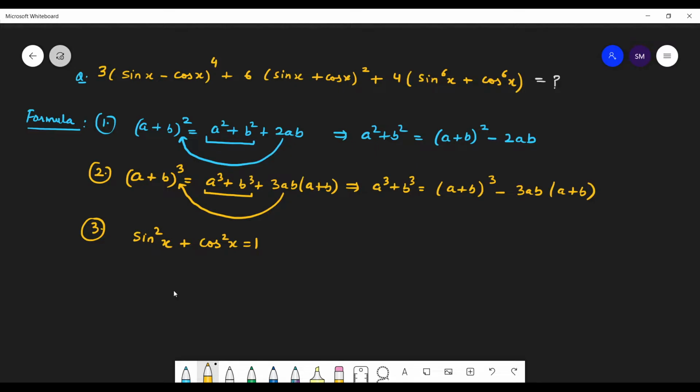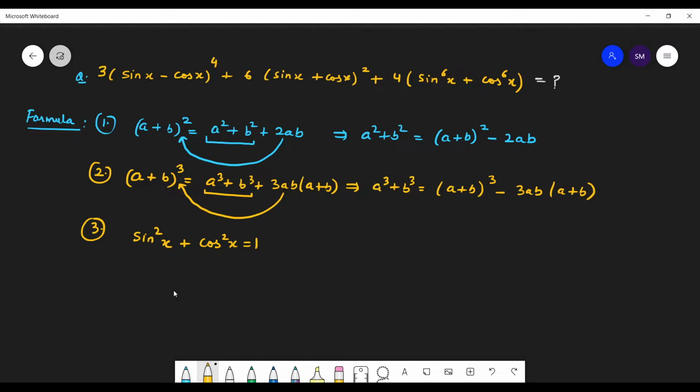So I have simply used this formula over here. Okay, so what does this equals to? So this is equals to 1. Sine square x plus cos square x is equals to 1. So 1 square is also 1. So 1 minus 2 sine square x cos square x. So that's sort of new formula for you for sine x raised to the power 4 plus cos x raised to the power 4.